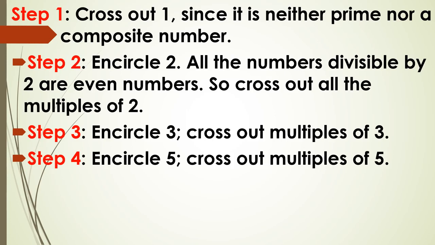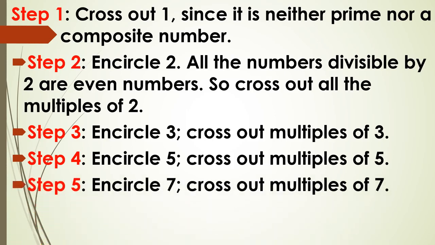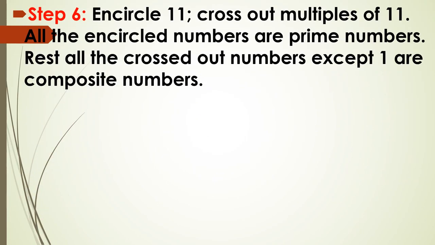Now see 7. Cross out all the multiples of 7. Read the table of 7 and cross out all the multiples of 7. 8 we have already crossed, 9 we have already crossed, 10 we have already crossed. Now encircle 11 and cross out all the multiples of 11.